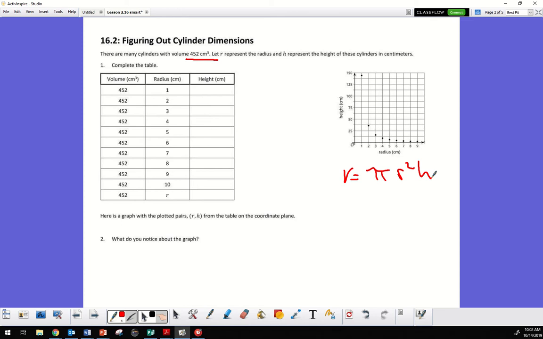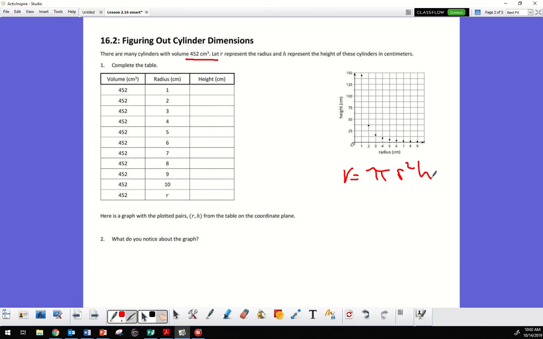So complete the table. First, let's go through and figure it out. I know what the volume is. I know what the radius is. I just don't know what the height is going to be. So I'm going to do some algebra to make this into h equals, because that's the variable I'm looking for. All these things are being multiplied by h. How do I undo the multiplication?